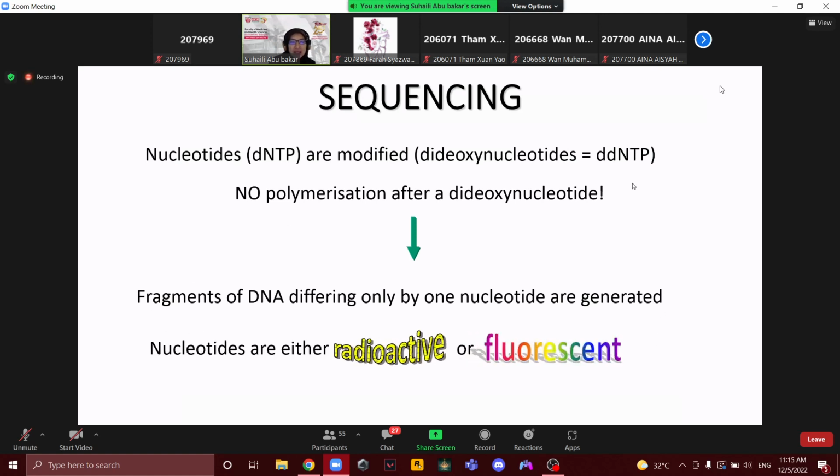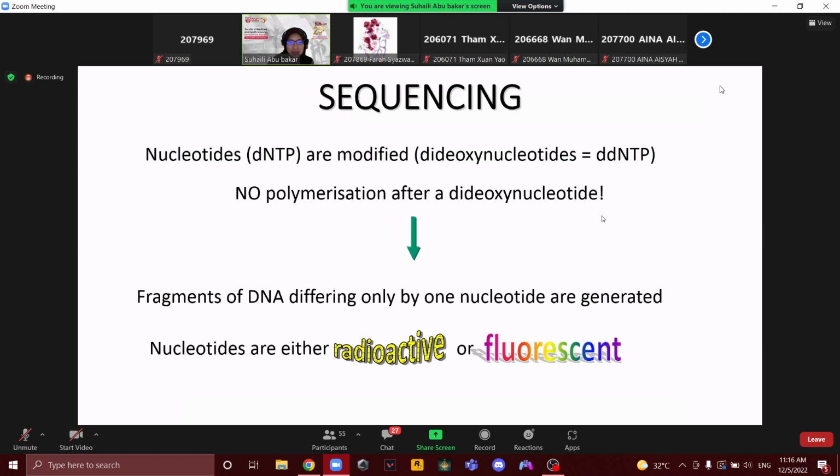Okay? And then to read the sequence, we have to label. If we just amplify and do the process without labeling, we cannot read. Remember, colorless, right? So all the nucleotides are labeled, either radioactive or fluorescent. Kena label lah ni.